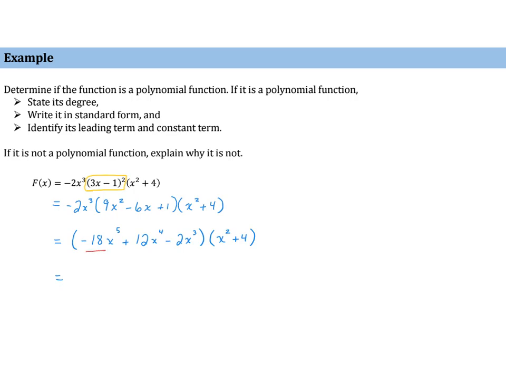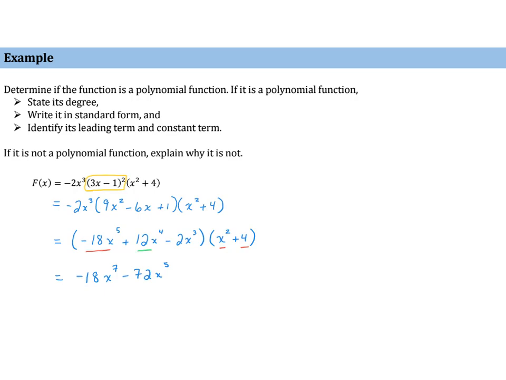The negative 18x to the 5th will get multiplied times each one of these two terms. This gives us negative 18x to the 7th minus 72x to the 5th.